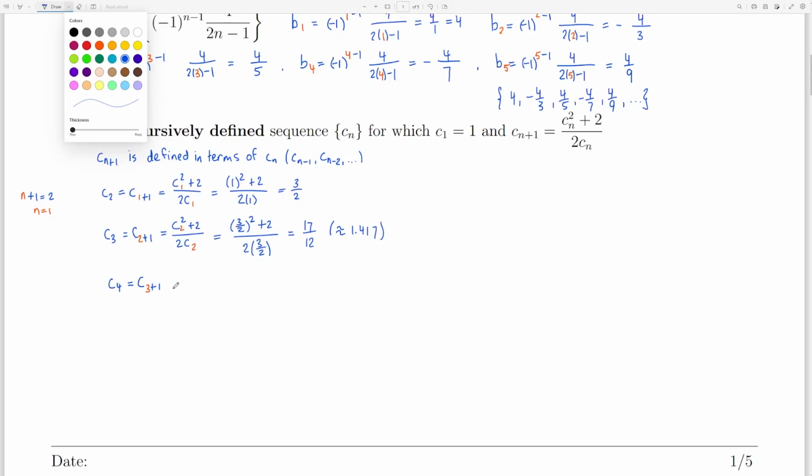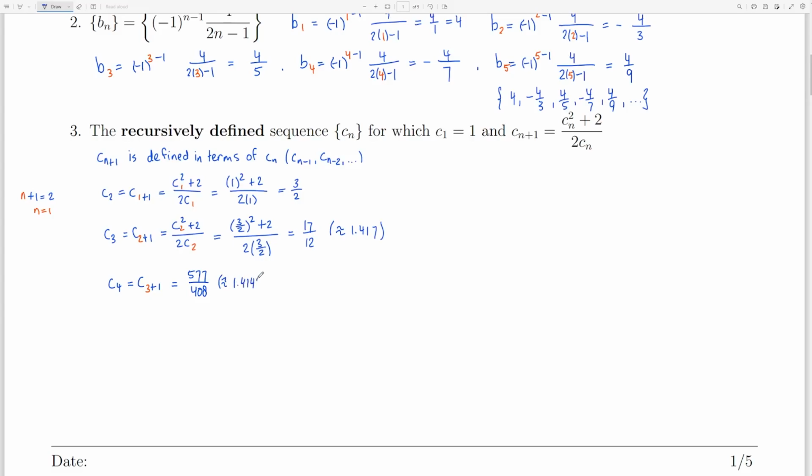If you plug that in, eventually you get that C4 is 577 over 408, and that is approximately equal to 1.4142. And then finally, C5, that would be C4 plus 1.